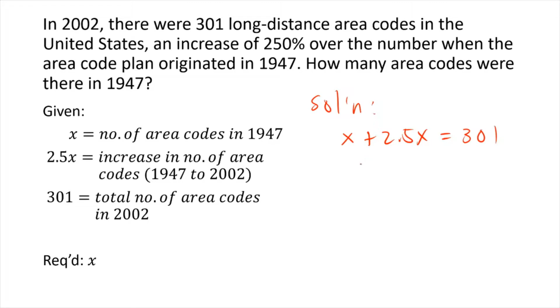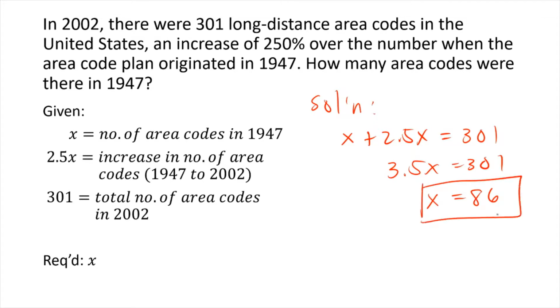So this will now become 3.5x equal to 301. Divide both sides by 3.5, we get x equal to 86. So this is the initial number of area codes in 1947.